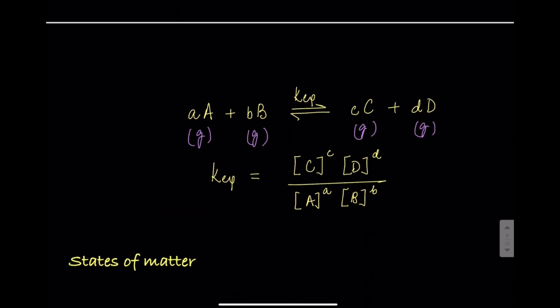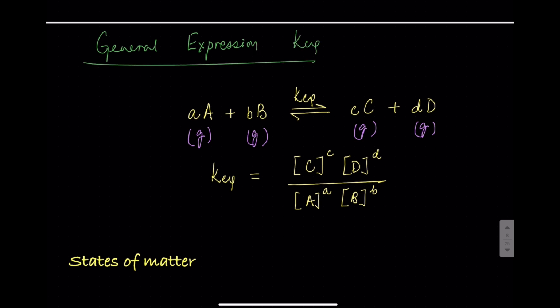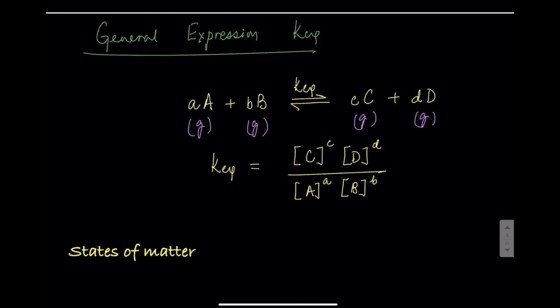Now, the general expression for KEQ. Let's say we have A, B, C, D as our reactants and products, and each of these coefficients shows a balanced equation right there.